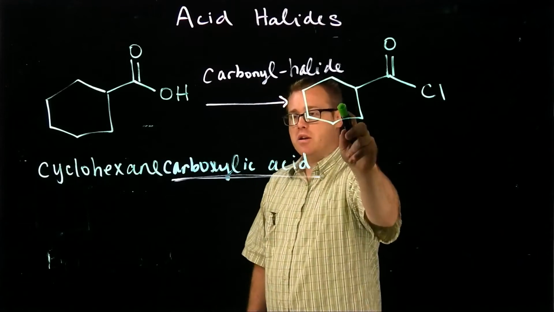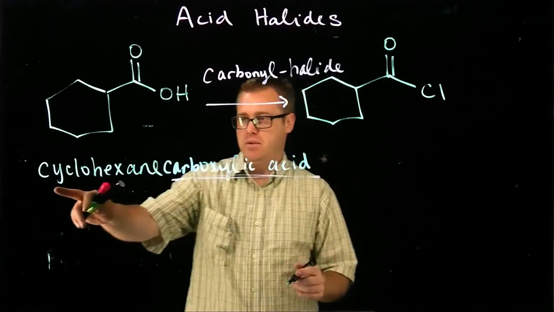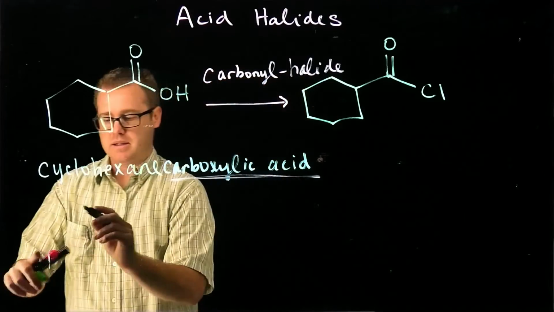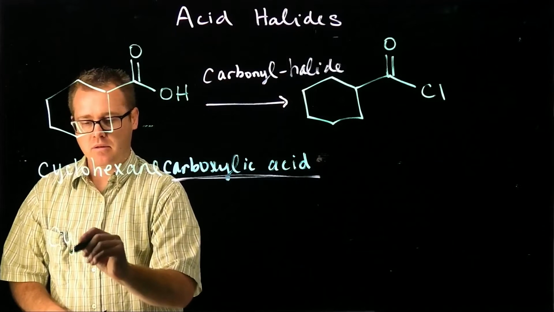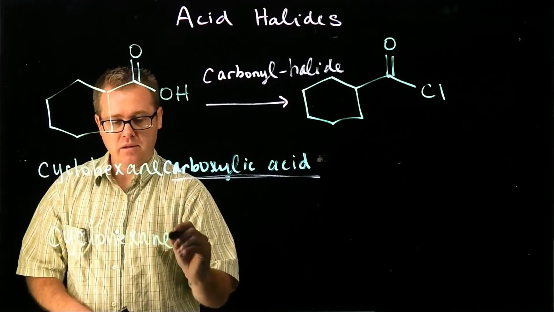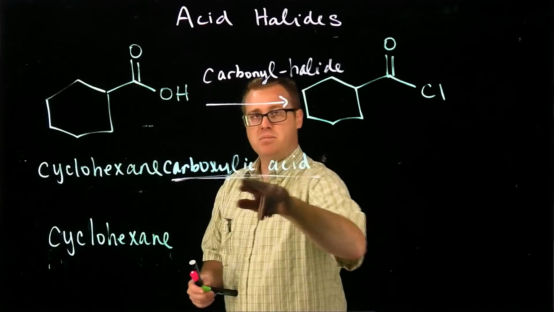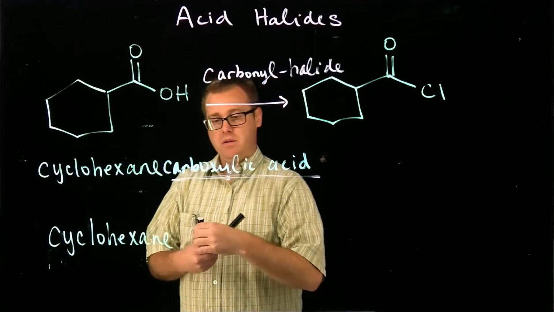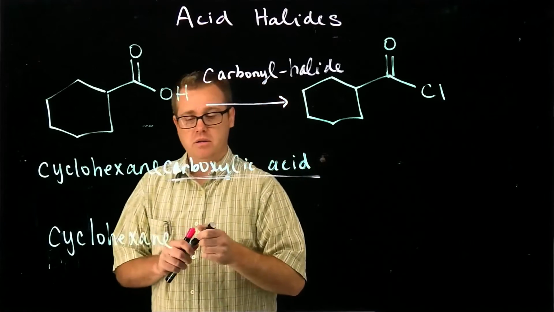So this molecule's name, we're going to keep the green. So I'm going to write it underneath here because it is rather long. Cyclohexane. We're going to replace this blue with the pink, which is now carbonyl.